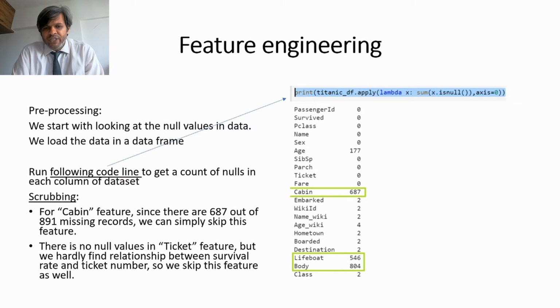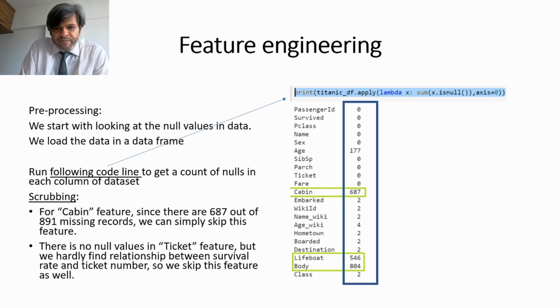There is no null value in the ticket feature, but the ticket number hardly gives us any correlation to derive whether the passenger will survive or not, so we can get rid of that feature also. That is how we look at the data, derive our conclusions and see if we require those columns or not. We can drop those columns, and if we require them, we decide what to do with them. Let's move on.